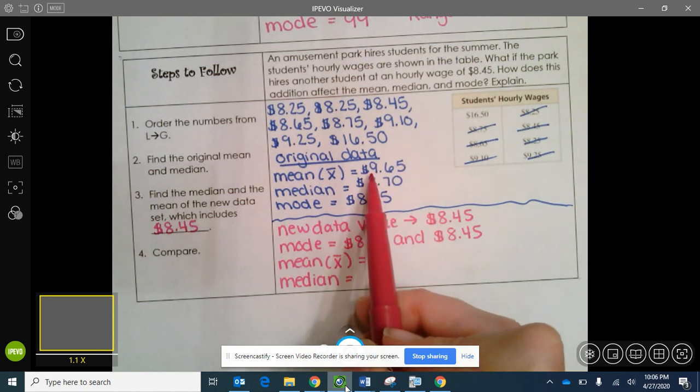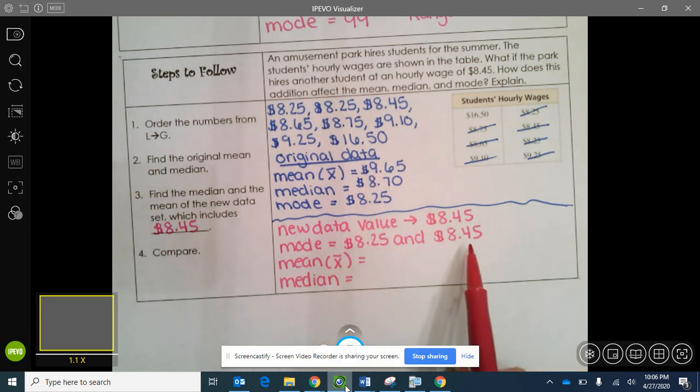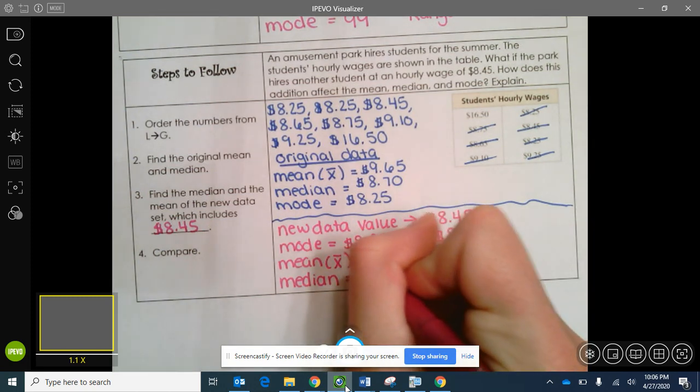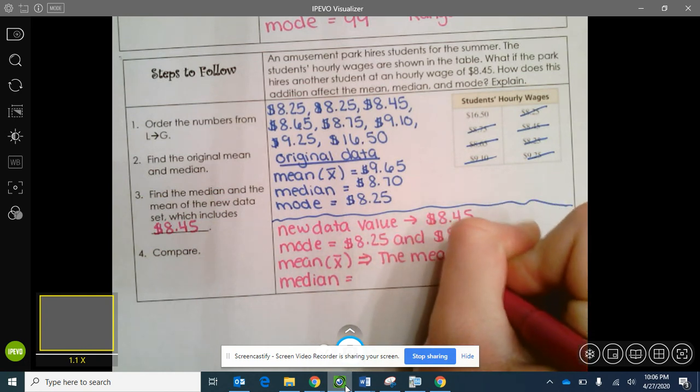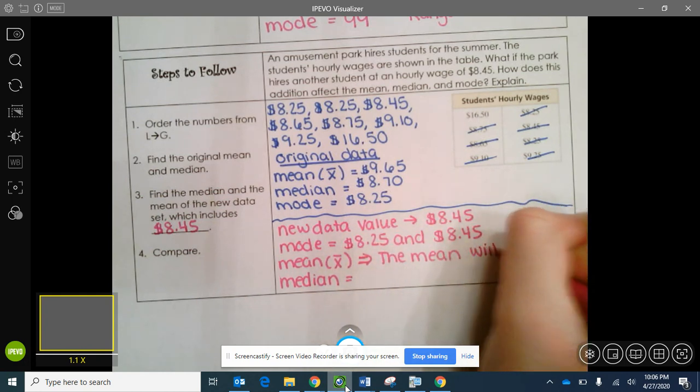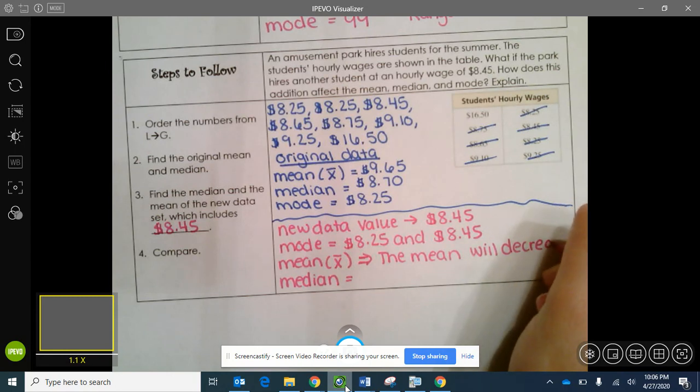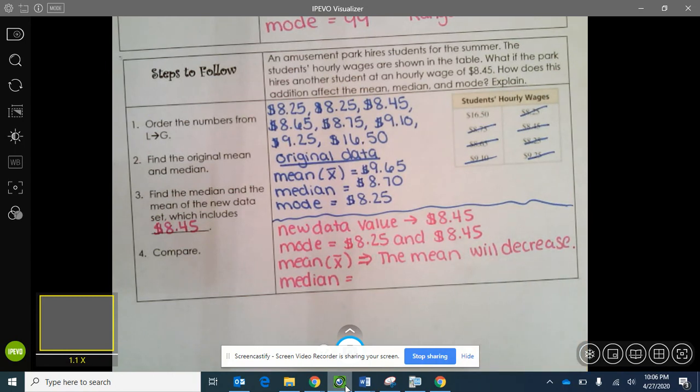My original mean was 9.65. My new data value is 8.45. So because my new data value is less than the original mean, my new mean is going to go down. Okay, so you'd want to write this. The mean will decrease.